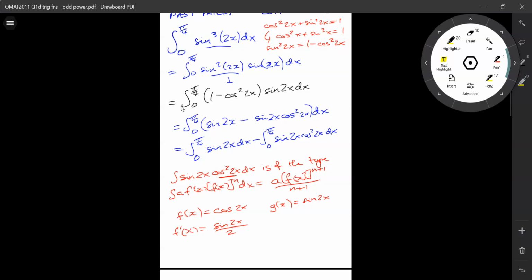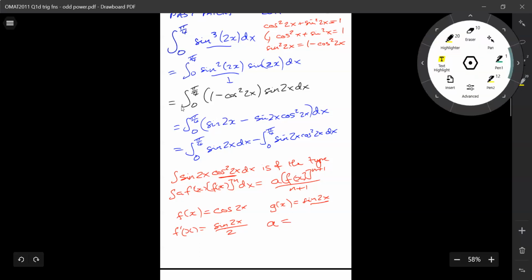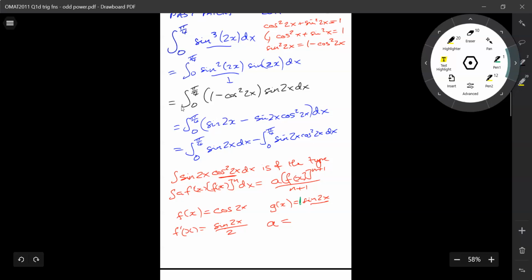And then we work out our a. So for the a, we have sine 2x here, we have sine 2x times a half here. So the a is the coefficient of g at x here, divided by the coefficient of f prime of x, which is a half. You're dividing by 2, so the coefficient is a half.